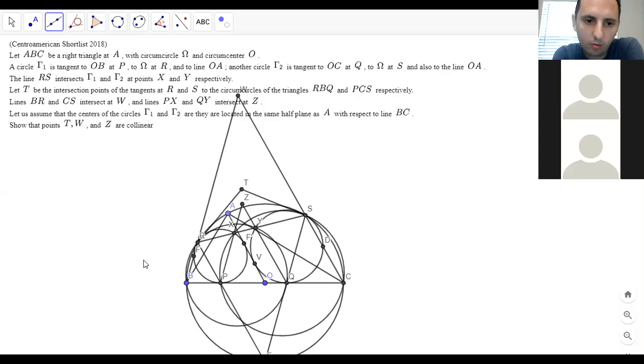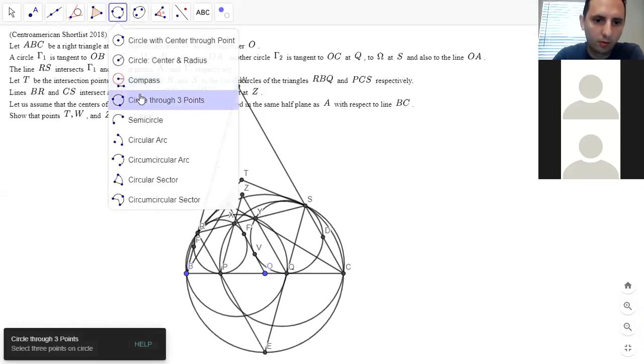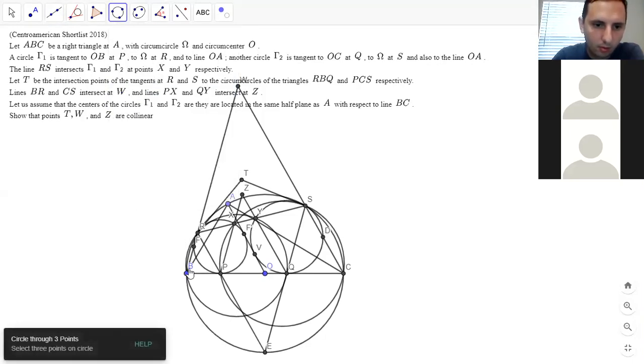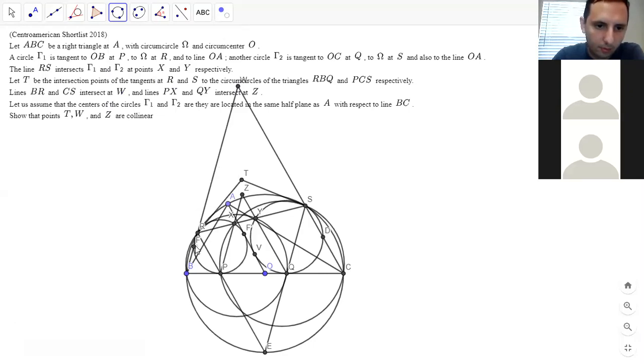I am confused. If that is true, then FD must be parallel to BC, isn't it? Let's see. Basically, we want to show FRSD.